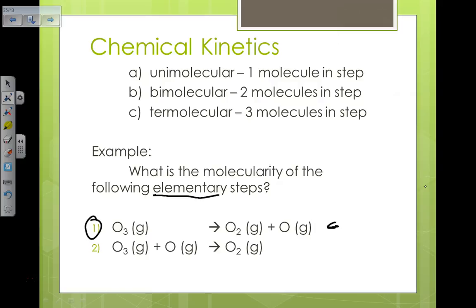I know what you mean, and that's fine, but let's try to get the terminology down that this is unimolecular. There's only one reactant here, and yes, that one reactant goes on to form 2 products, but in order for the reaction to take place, we only need one molecule. So it's unimolecular. And now when we look at reaction 2, this is a bimolecular elementary step.